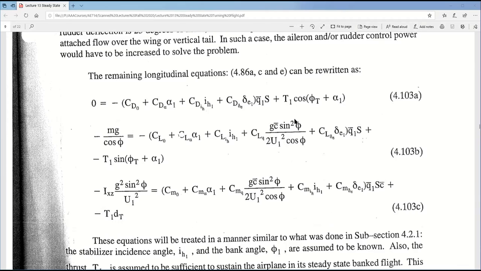And notice he's already substituted in for P, Q, and R. Actually, P is 0. In terms of sine phi and cosine phi. But when it gets solved, we replace those with those expressions for load factor, because that's easier to do.